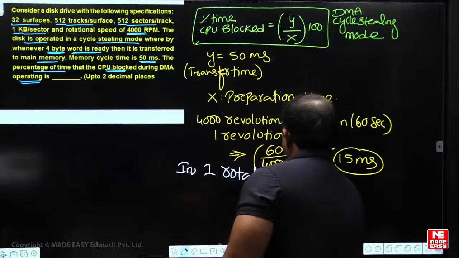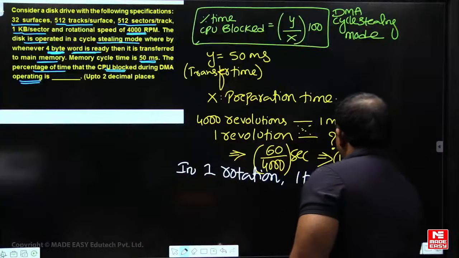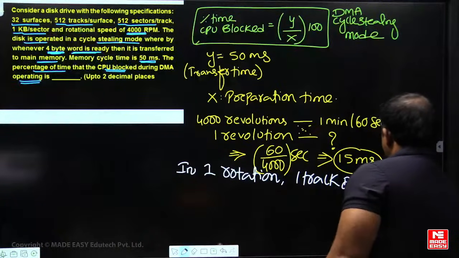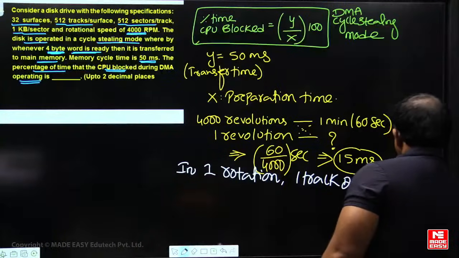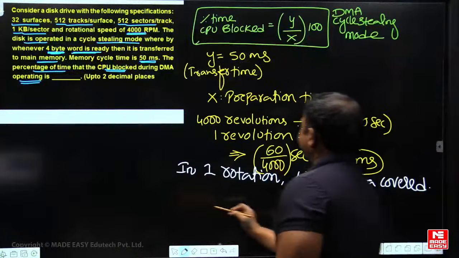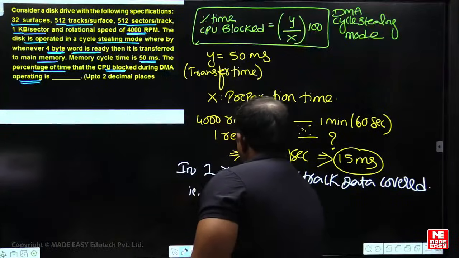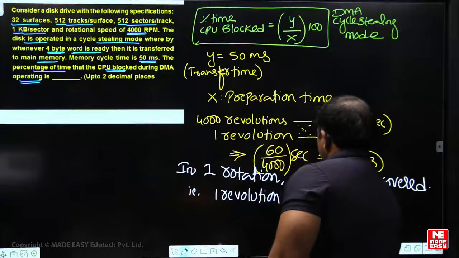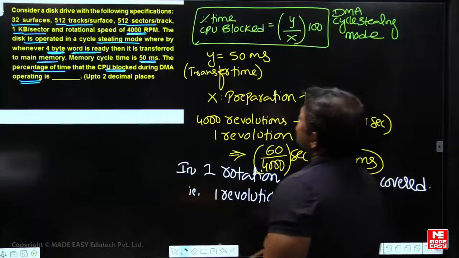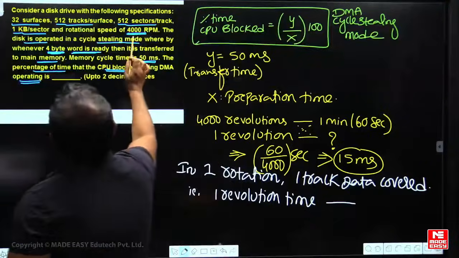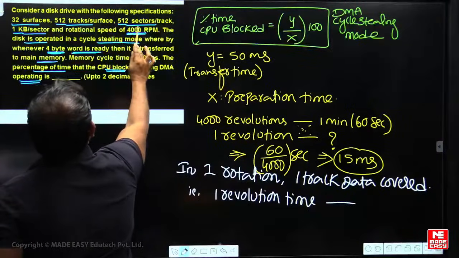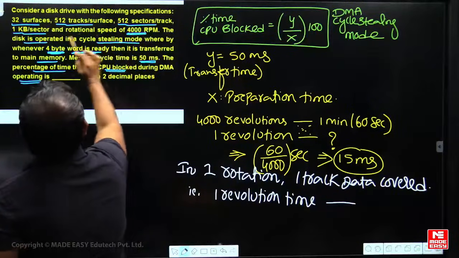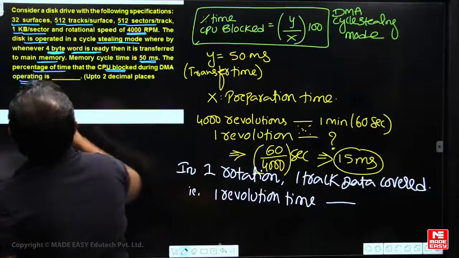One revolution time is required to access one track of data. One track has 512 sectors, and one sector has 1 KB.